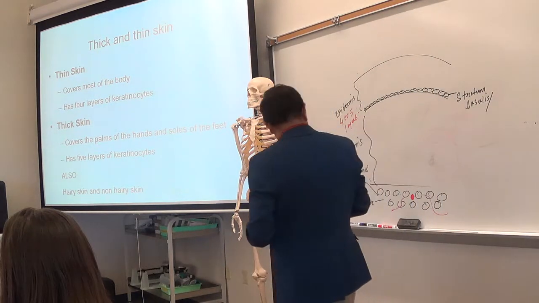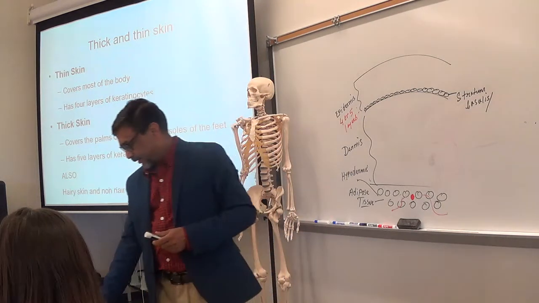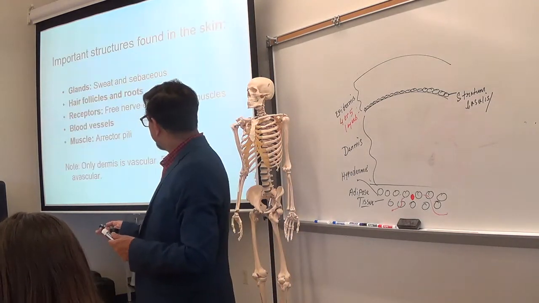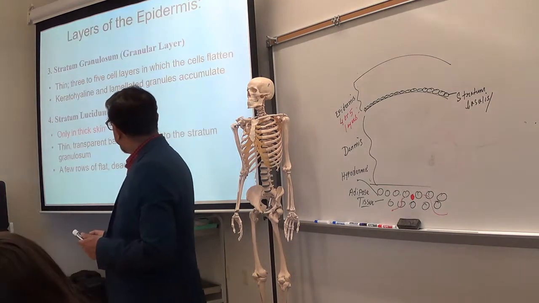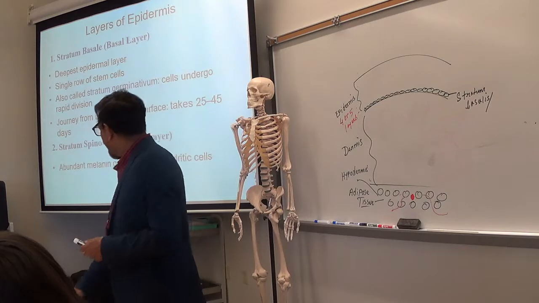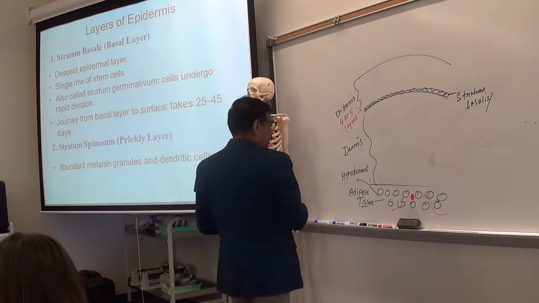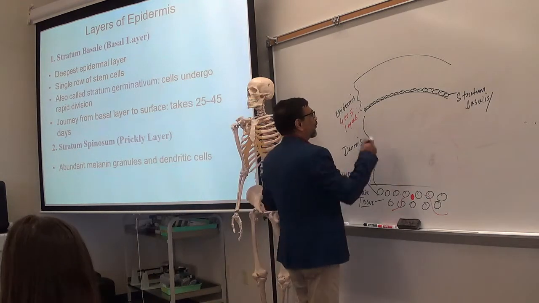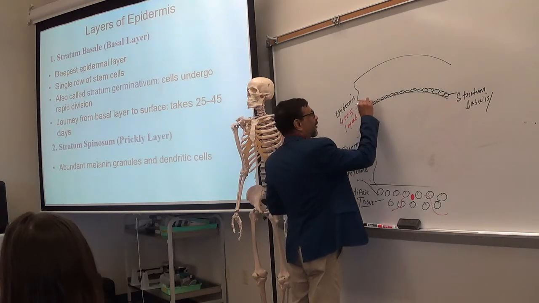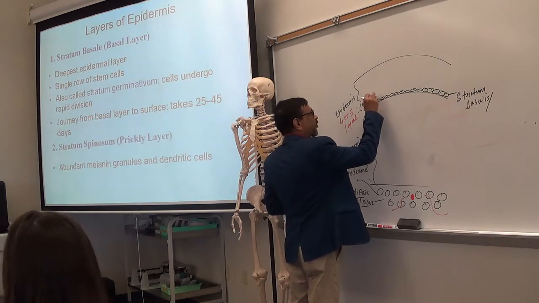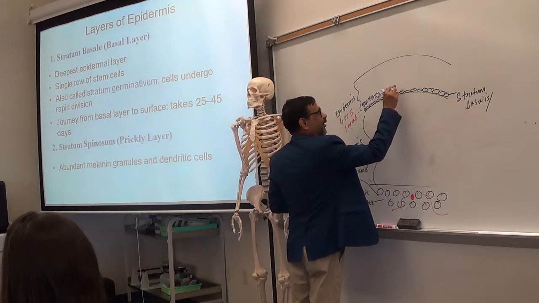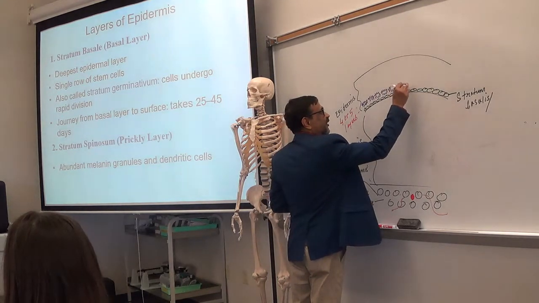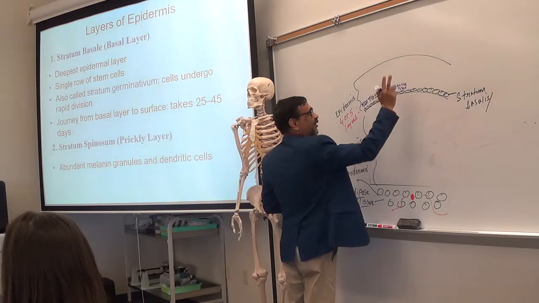Then you have another layer, stratum spinosum. Stratum spinosum has cells like this. These cells have spines, spiky processes.